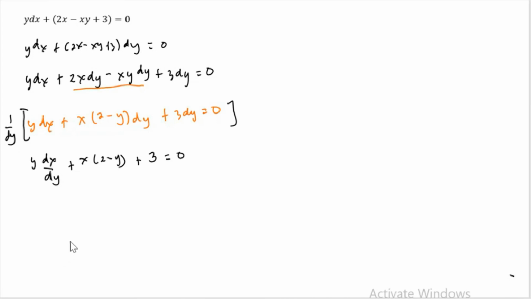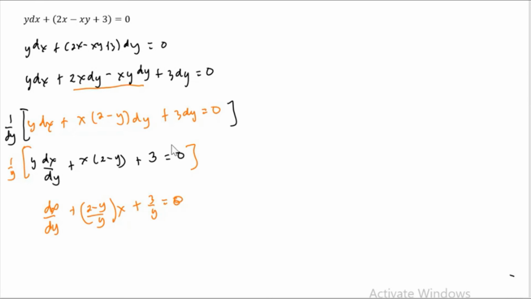So still, there is a coefficient of y in the dx over dy. To remove that one, we are going to multiply the entire equation by 1 over y. So therefore, we have now dx over dy plus 2 minus y over y of x plus 3 over y is equal to 0.